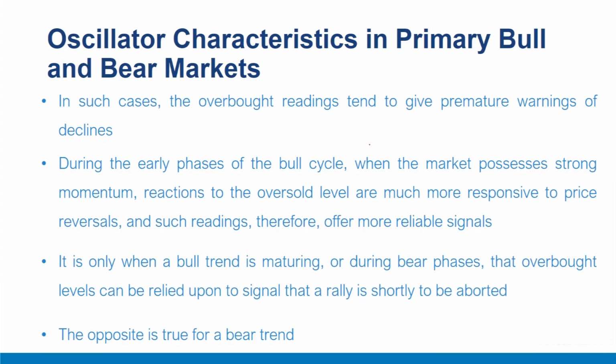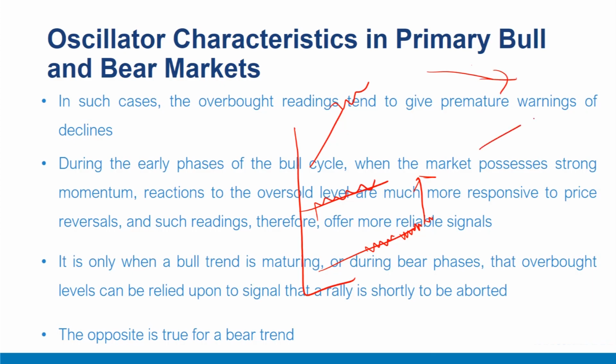To summarize, in this video we discussed overbought and oversold characteristics. For example, we noted that it is normal for an oscillator to remain at overbought levels when there is a bull run. However, during a bull run, if momentum is at an oversold level, then it is a sign that there may be a rebound. Similarly, in a bear run, when prices are going down, it is normal for the oscillator to hover around oversold levels.